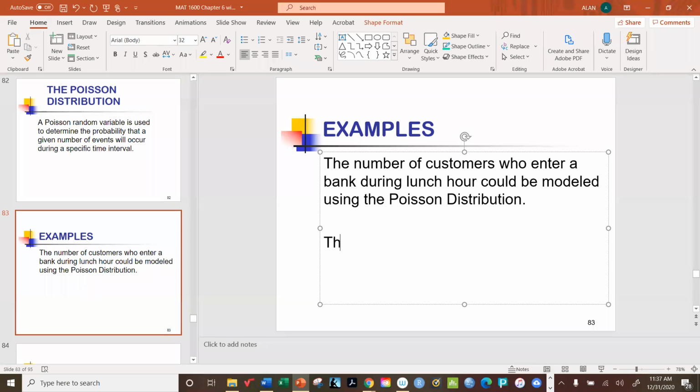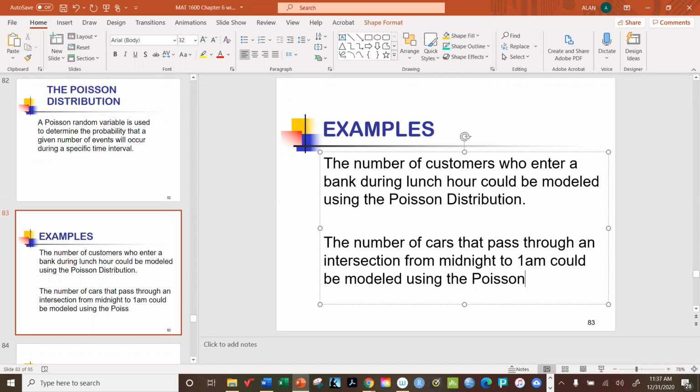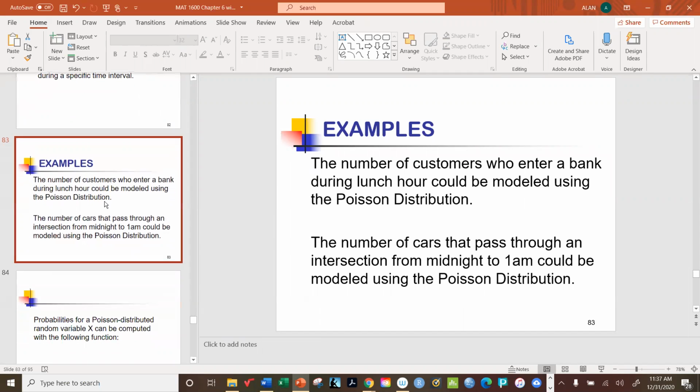Or how about the number of cars that pass through an intersection from, let's say, midnight to 1 a.m. could be modeled using the Poisson distribution. So you get the idea here. It's how many things occur during a specific time frame. Now, it can be used for other things too, but this is the one that we want to focus on.